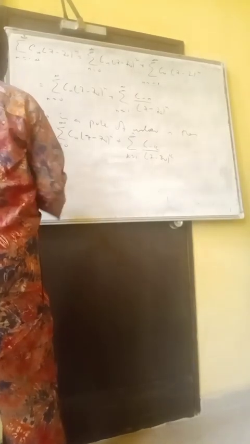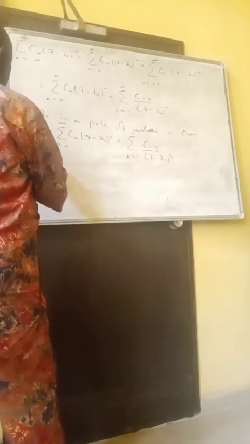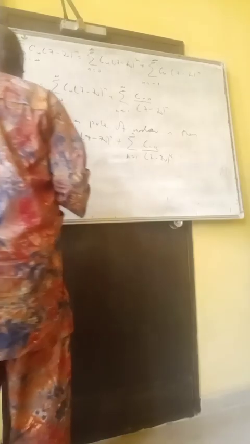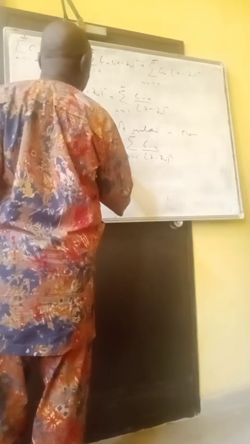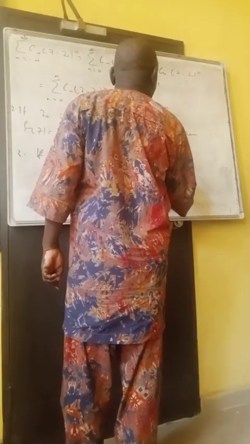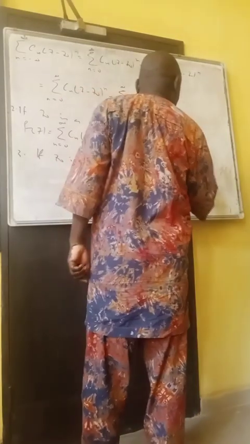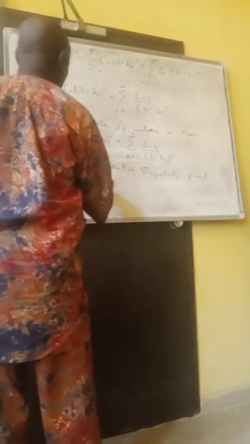For 3, if z naught is an essential singularity point, then f of z is simply going to be the Laurent series.